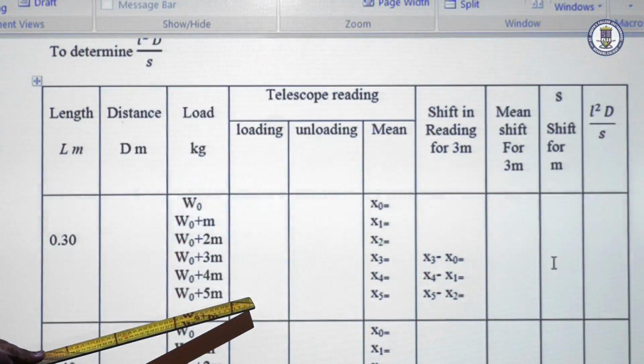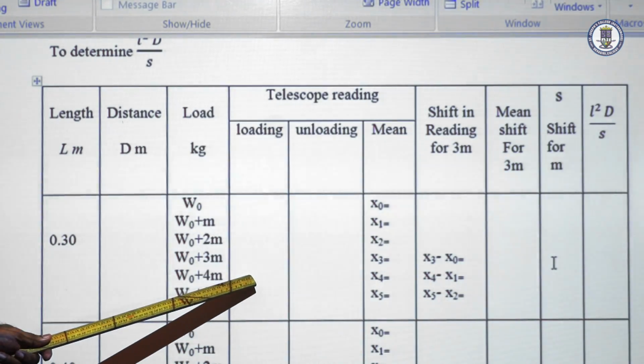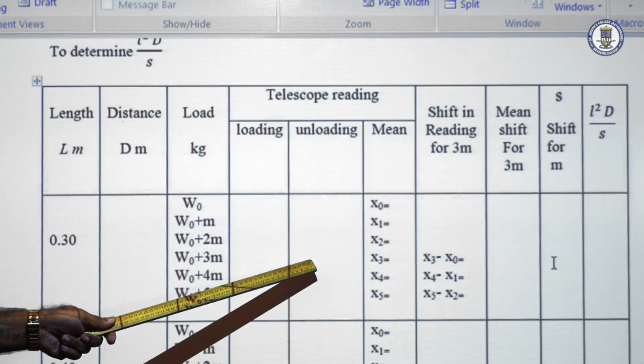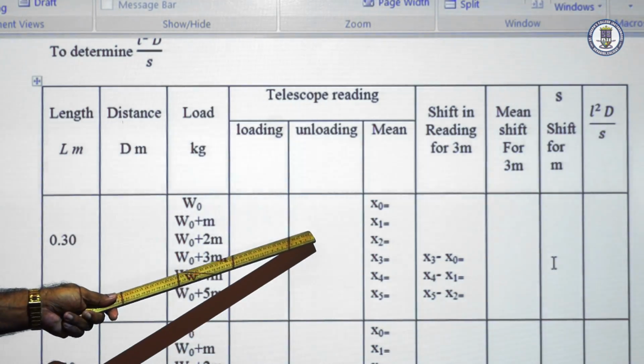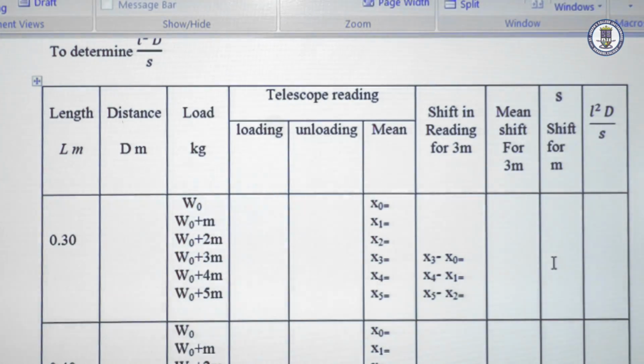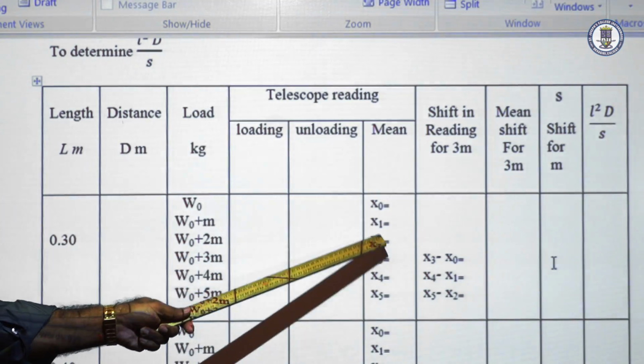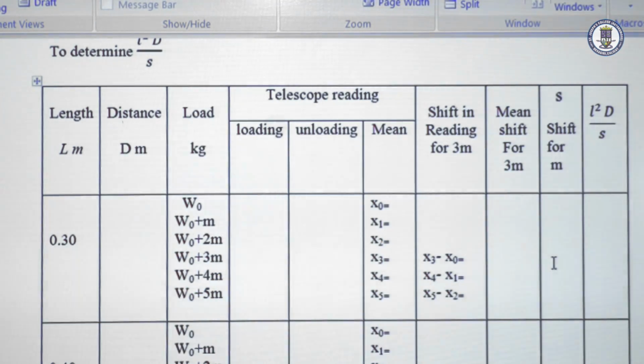When we remove one load, we obtain a load W0 plus 4m. That is unloading. Now one more is removed, 3m, then 2m, m and W0. Then we take the mean of the loading and unloading readings, and those mean readings are marked as x0, x1, x2, x3, x4, x5, corresponding to W0, W0 plus m, W0 plus 2m, W0 plus 3m, W0 plus 4m and 5m.